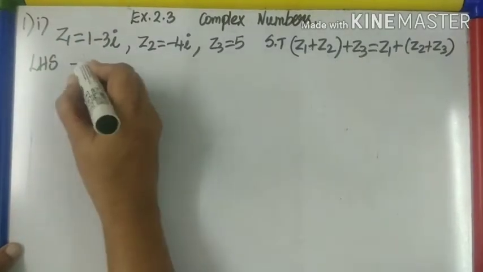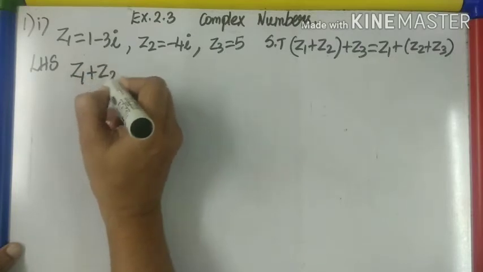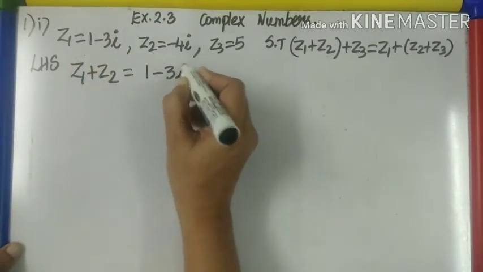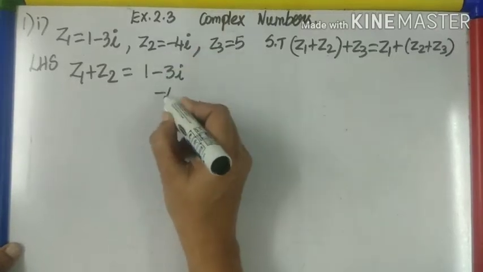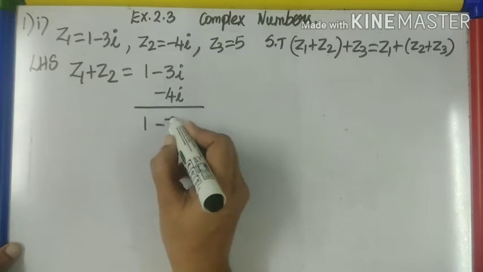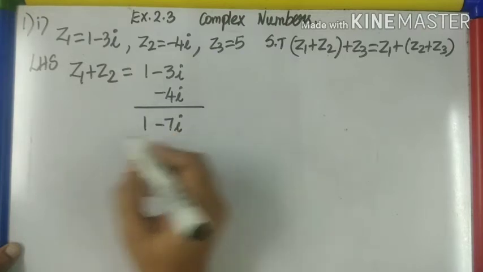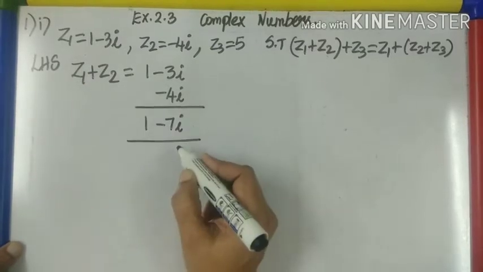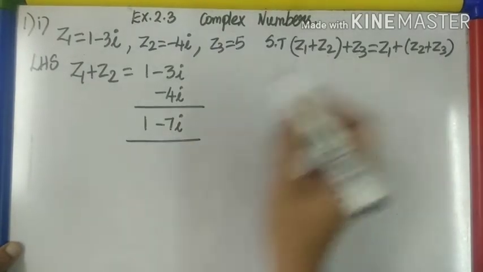What is LHS? Z1 plus Z2. Z1 is 1 minus 3i and Z2 is minus 4i. By adding this, I get 1 minus 7i. So this is the answer for Z1 plus Z2. With this, add Z3.